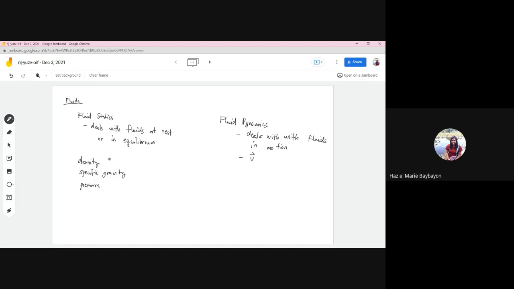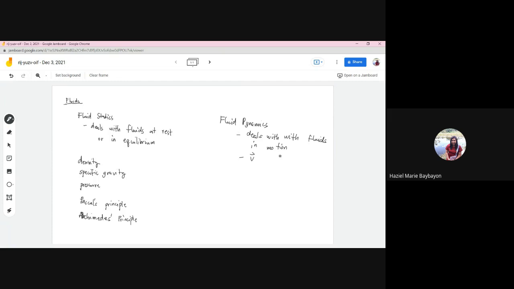Okay, and fluids at rest are governed by, or it follows, the Pascal's principle. It obeys the Pascal's principle. And the Archimedes principle. Okay, so let us discuss each of these later.